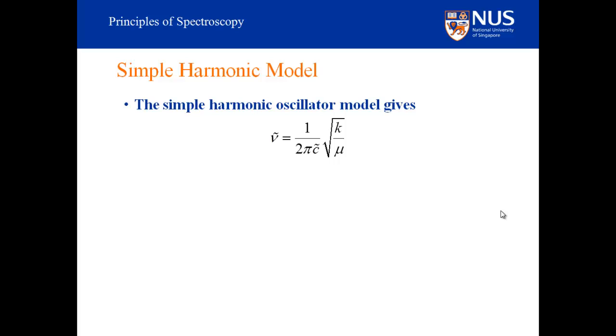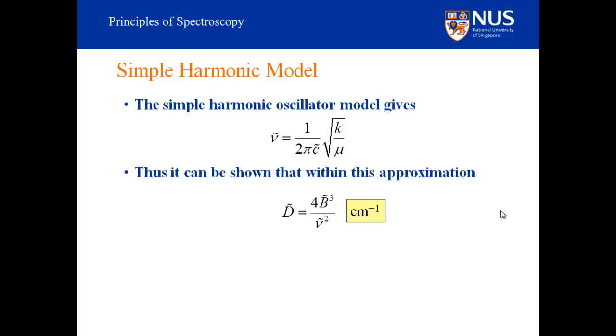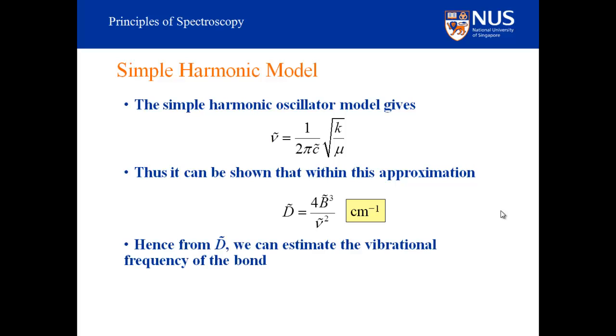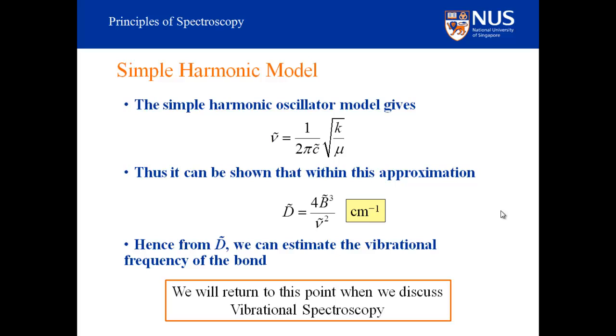Now if you divide 4B cubed by D, you get the frequency squared. You can confirm this yourselves by using the expression for B and D on the previous slide. So if we are able to determine B and D, we can get the vibrational frequency, and we'll be returning to this when we discuss vibrational spectroscopy later in the course.